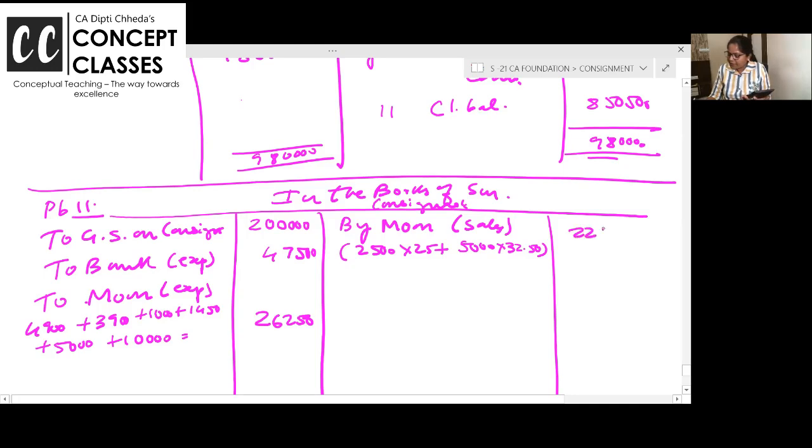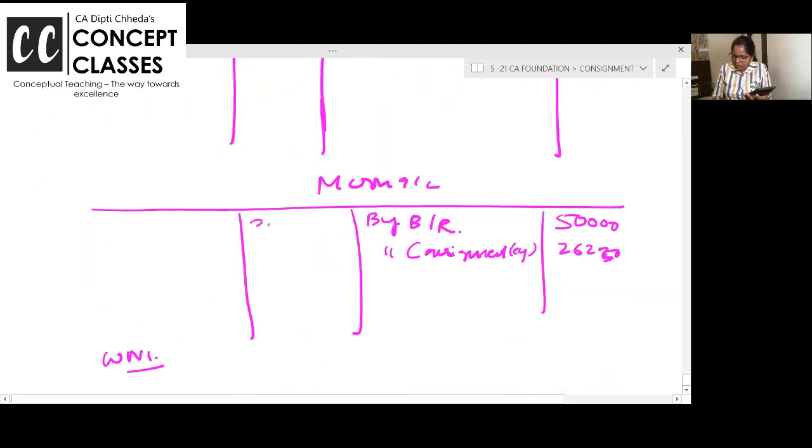Total 2,25,000 is the sales. Moon, you have to give me 2,25,000 because you have sold my goods. And to consignment account, in brackets, sales.